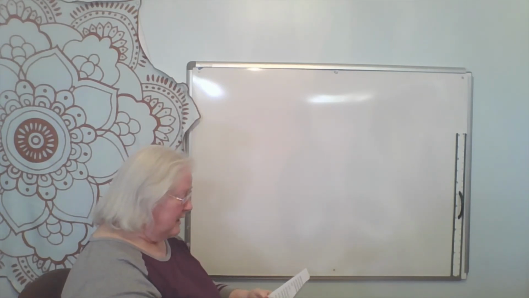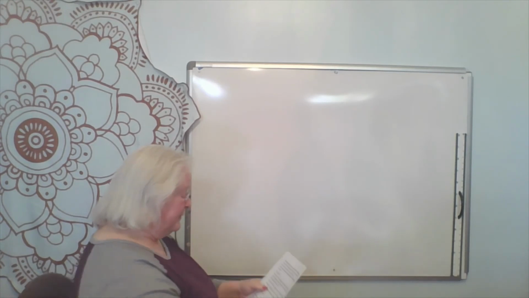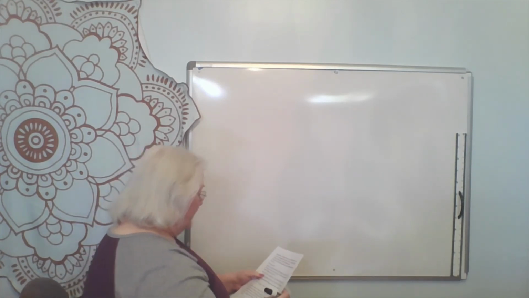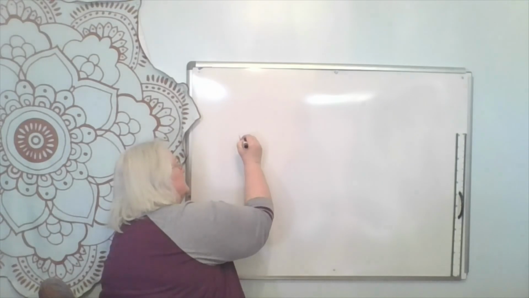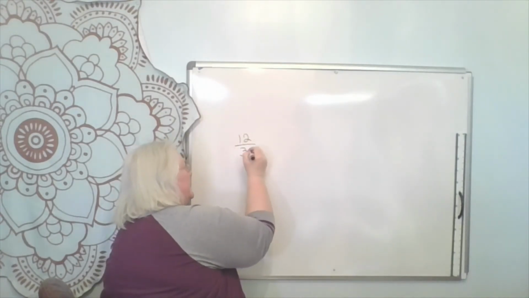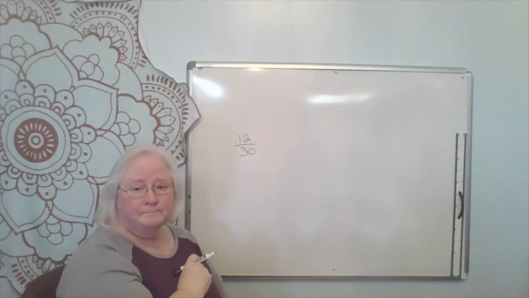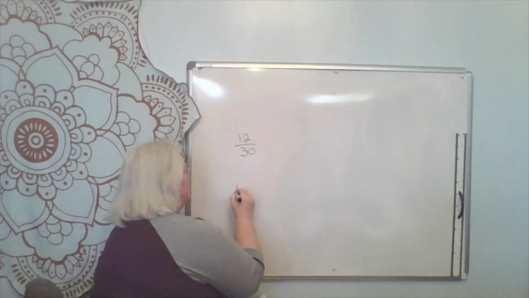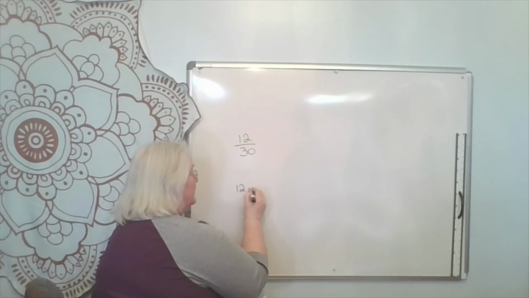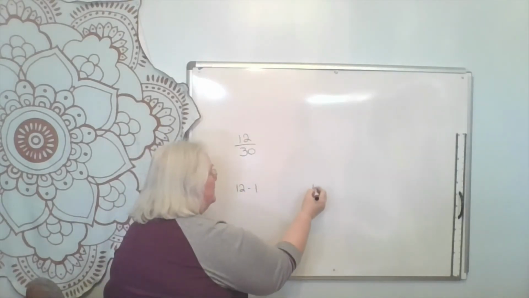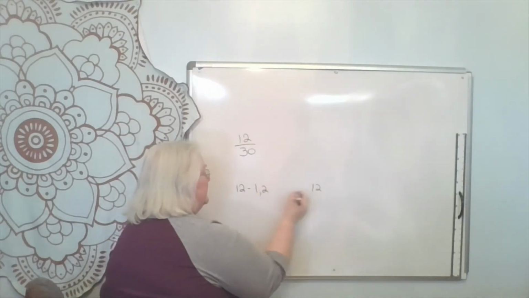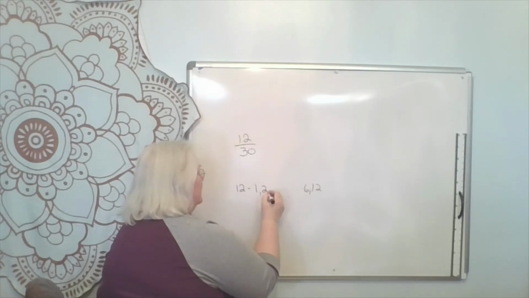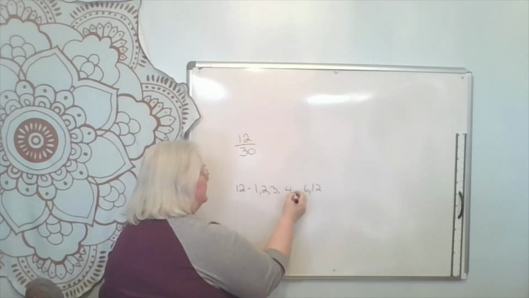So let's try, let me see, I'm trying to remember. Okay, let's try 12 over 30. Okay? Now, let's look at 12, and we did this one, so 1 and 12, 2 and 6, 3 and 4.